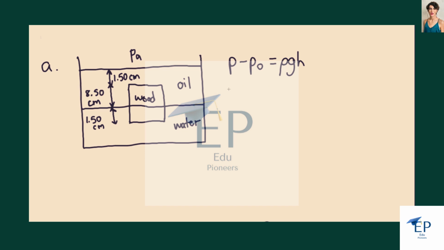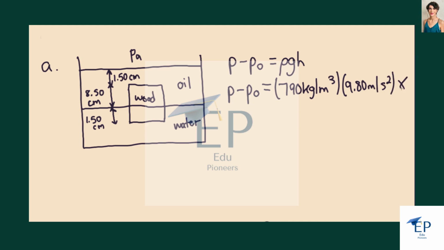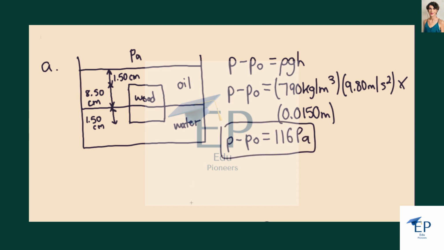So the difference in pressure would equal the density of the oil multiplied by 9.80 meters per second squared, multiplied by 0.0150 meters. And so the difference in pressure would be equal to 116 pascals. This would be our answer for part A.